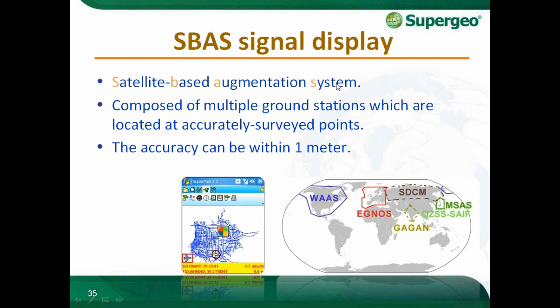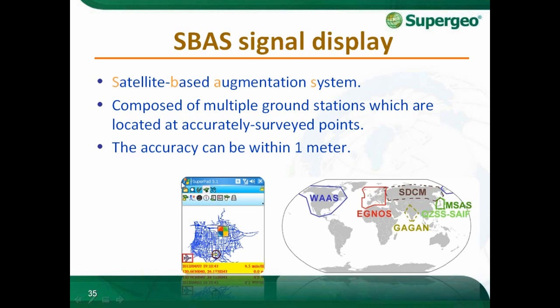It's kind of like the DGPS function, but the DGPS function helps you post-process data after you are back from your field survey. If you are using the SBAS signal, you can collect high accuracy data in real time. For example, if you are in one of these regions, the WAAS region or European regions, you can receive the SBAS signal and use the satellite-based augmentation system to help you increase the accuracy of the data in real time.